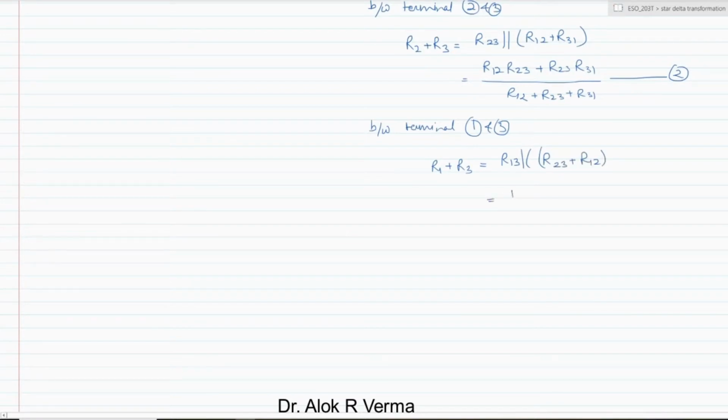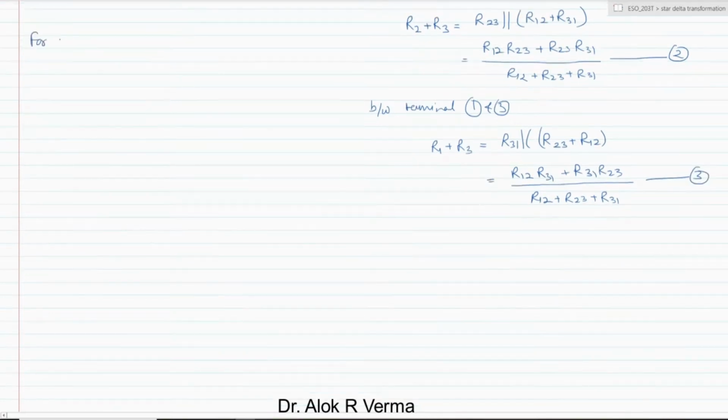If we solve this, it will be R12 R31 plus R31 R23, divided by R12 plus R23 plus R31. We can give it equation number 3.